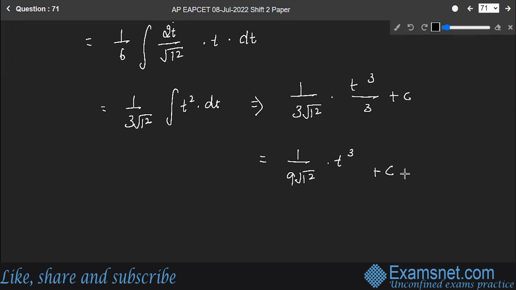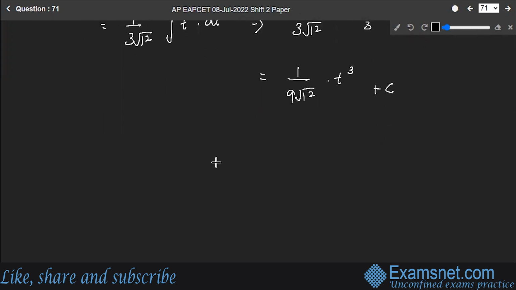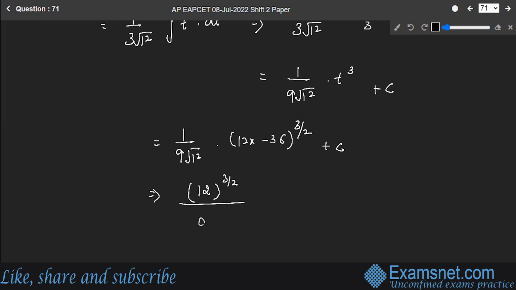Right, now let's fill in the value of t. What we had in the value of t? This is equal to 1 by 9 root 12 into 12x minus 36 raised to power 3 by 2 plus the constant. Right, so this will be given by 12 raised to power 3 by 2 upon 9 12 raised to power 1 by 2 into x minus 3.